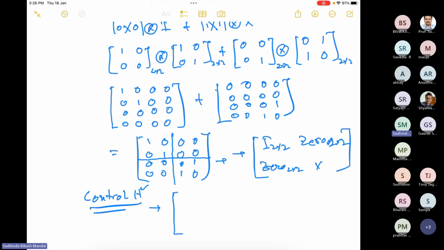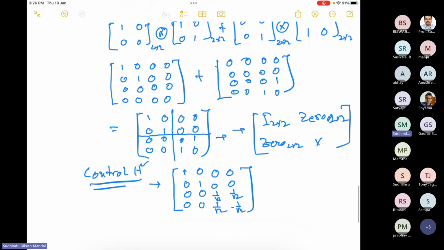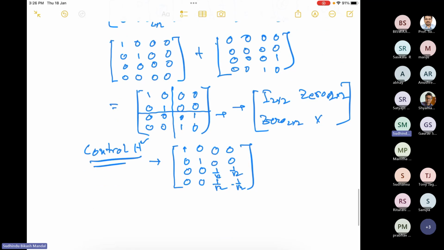So we put a 2 cross 2 identity, 2 cross 2 zeros, and here I put X because it is a control NOT gate. But to design control Hadamard, there will be 1 by root 2, 1 by root 2, 1 by root 2, minus 1 by root 2. In this way, you can design any control operator if you need it from the logical end. This is the expression.